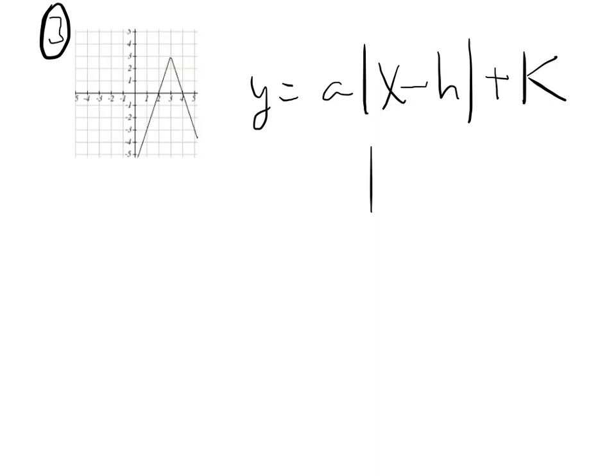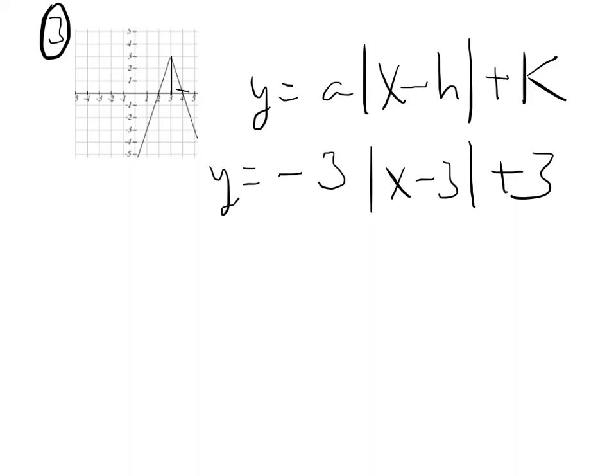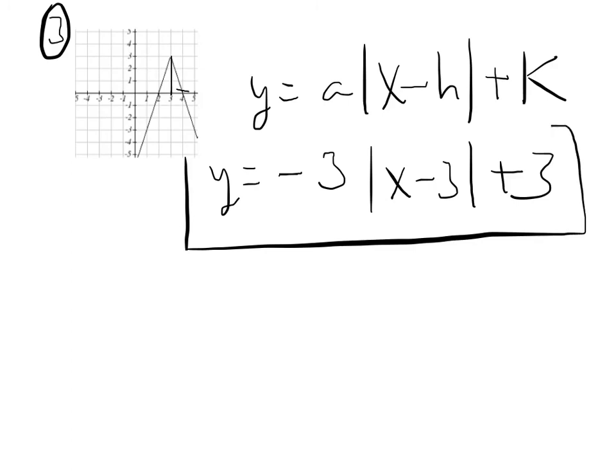So I'm going to do the absolute value of x minus 3, up 3, and then I'm seeing that it's open down, so I know a is going to be negative because it's been reflected down, and I'm seeing it's going down 3 over 1, so it has a stretch of 3. Look at all those 3's.